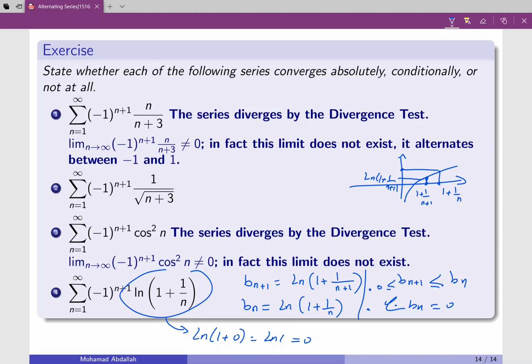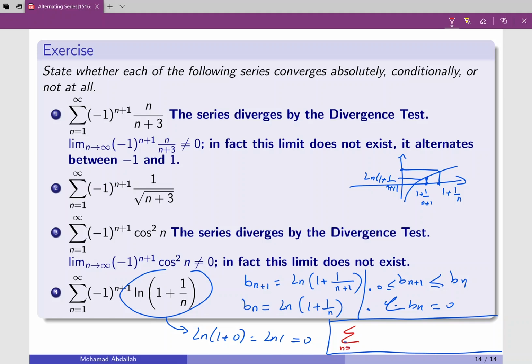Now, does it converge if I don't take the absolute value? Well, you have to check this. You still need to verify whether the series converges absolutely. We can do it in our live session, but you should try this out.